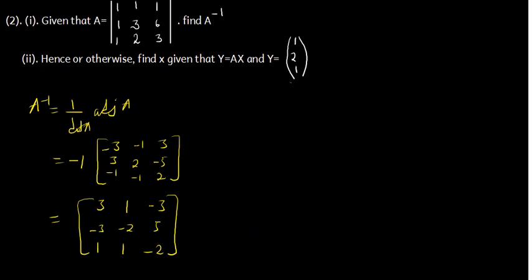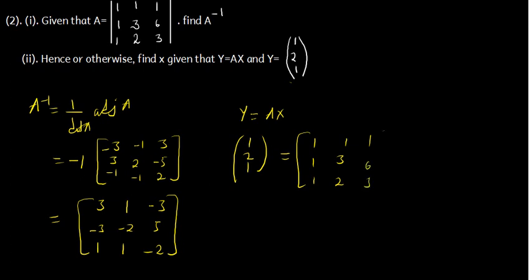Now the second one, hence or otherwise find x given that y is equal to Ax. Now if y is equal to Ax, we've been given y is 1, 2, 1, and that is equal to A. We know the matrix A is 1, 1, 1, 1, 3, 2, and 1, 6, 3, but we don't know the matrix X. Okay, so that is what we want to find.